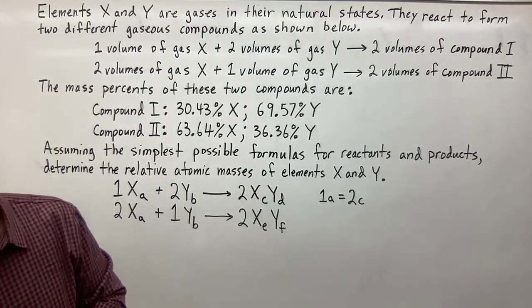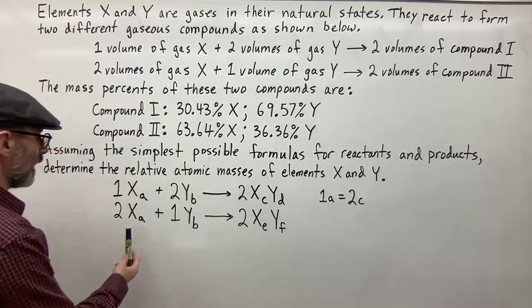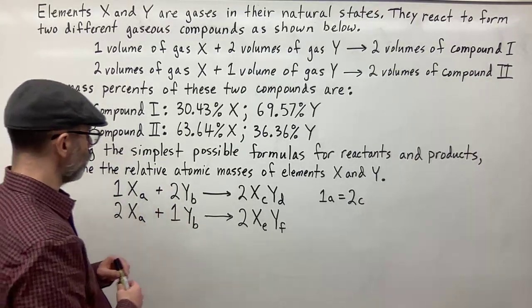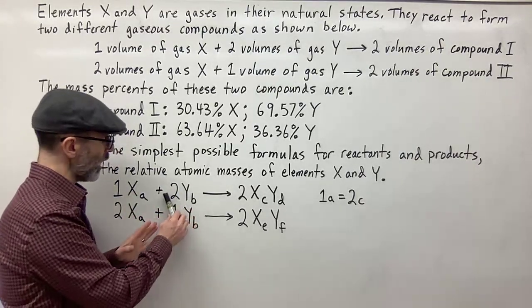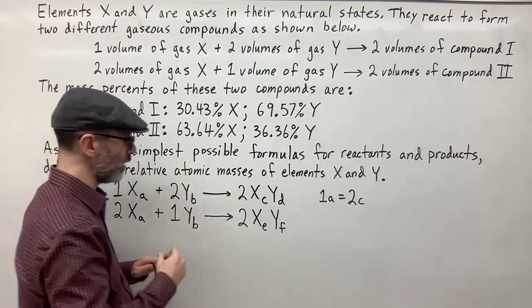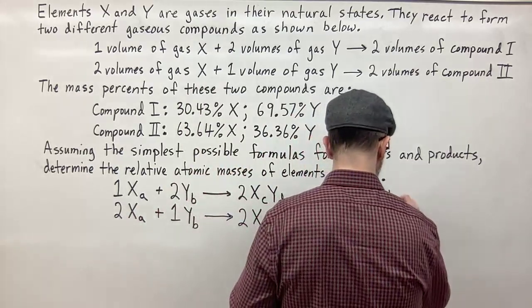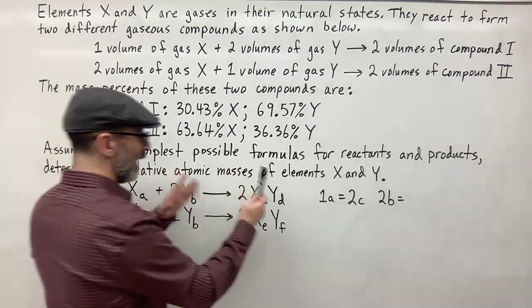And then on this side here, we have the y's. And so the y's are the same. So on this side, we have a total of 2 times b for the y's. That's the number of y's. So we'll have 2b. That should be equal to the same number of y's on this side.